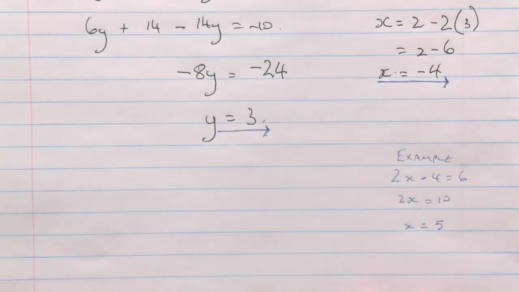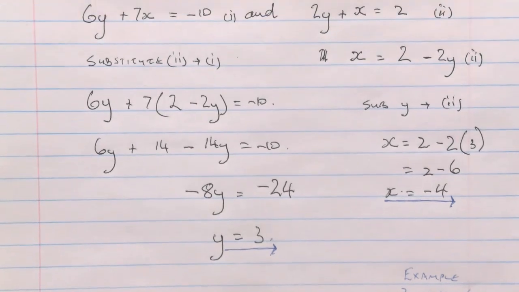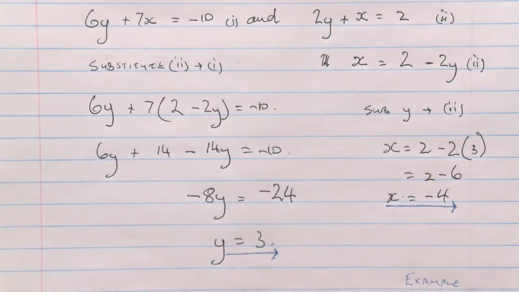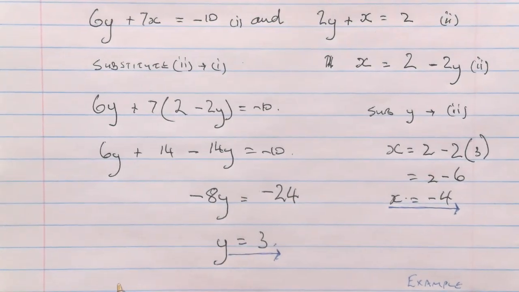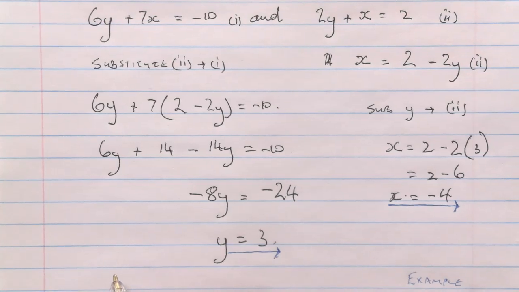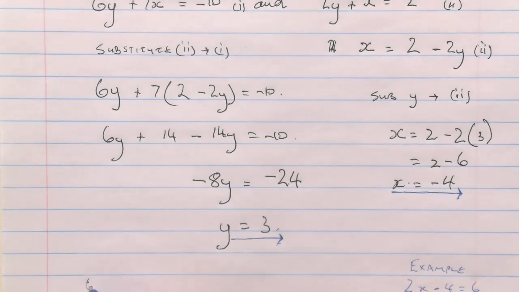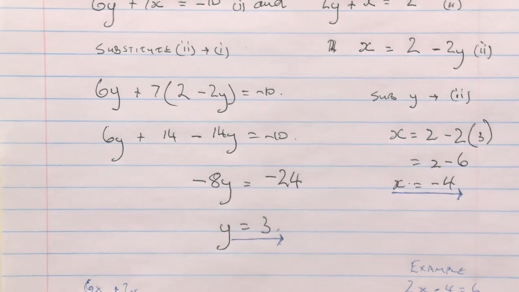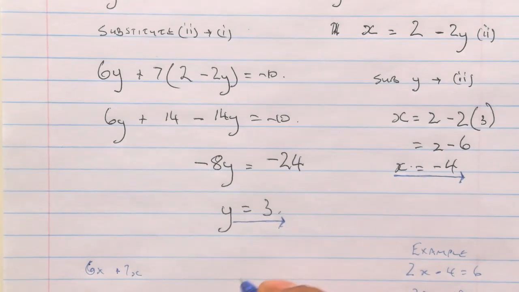So what did we have in the first one? We had 6x. Right, so I am going to squeeze it there so that you see what I'm doing. So you'll have 6x plus 7x, isn't it? And then for that one we have 2y plus x.